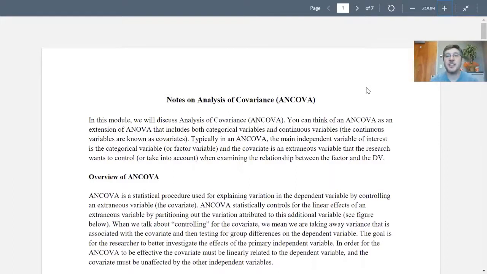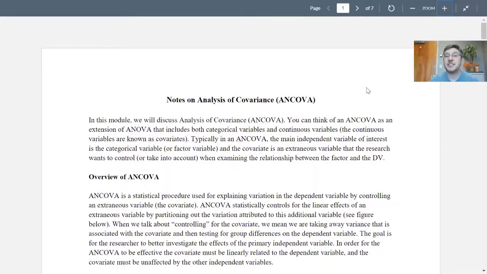Analysis of covariance is an extension of the ANOVA models that we've talked about, where we're including both a categorical variable and a continuous variable. Typically, the continuous variable we call our covariate.